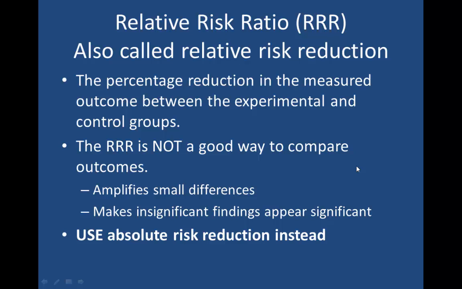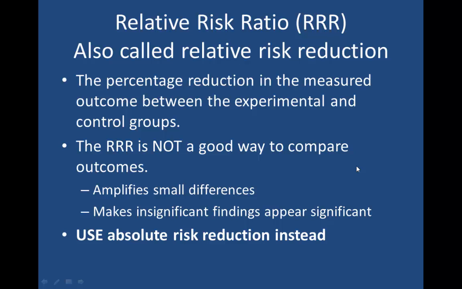Relative risk ratio is also called relative risk reduction, and it's the percentage reduction in the measured outcome between the experimental and control groups. Relative risk reduction is not a good way to compare outcomes. It amplifies small differences and it makes insignificant findings appear significant. If I'm given the choice between relative risk ratio, remember we said that most randomized controlled trials will report risk ratios.